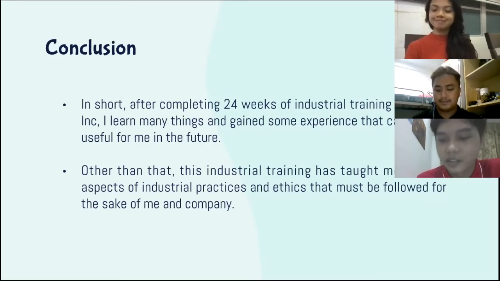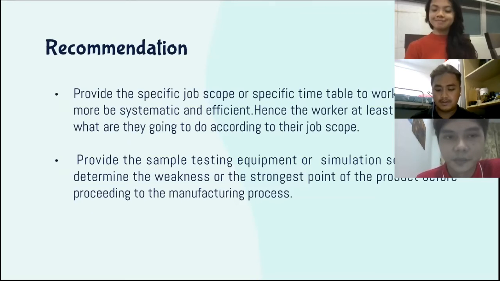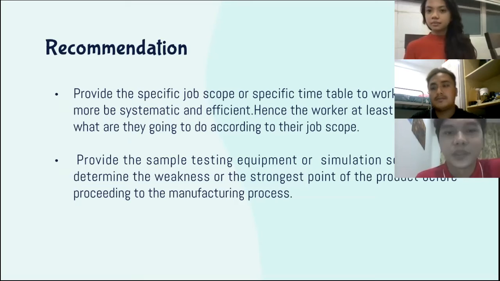So that's it. Okay, so for the recommendation to my company, to have the workers at least concerned about what they are going to do according to their job scope.